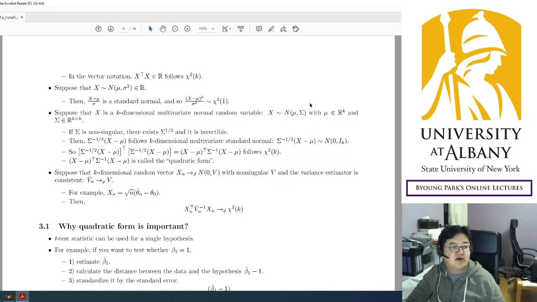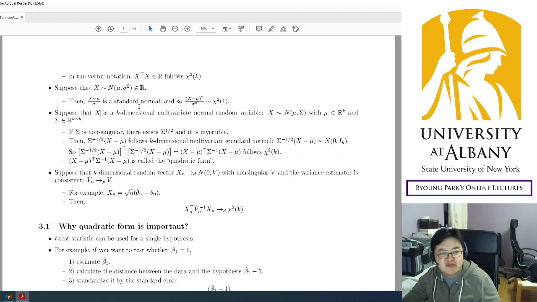And then, if it is non-singular, by the way, the variance matrix is non-singular if the k random variables do not have a multicollinearity problem.